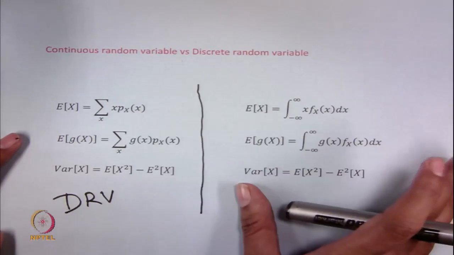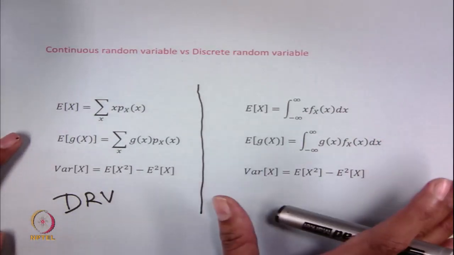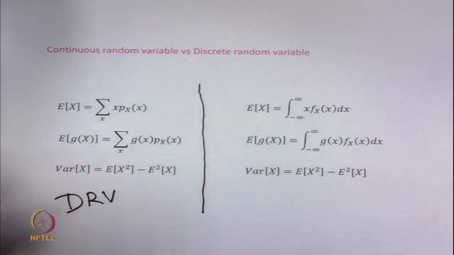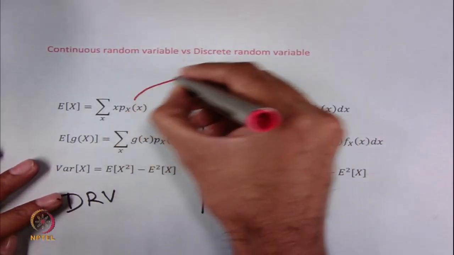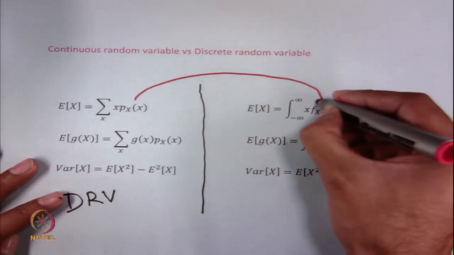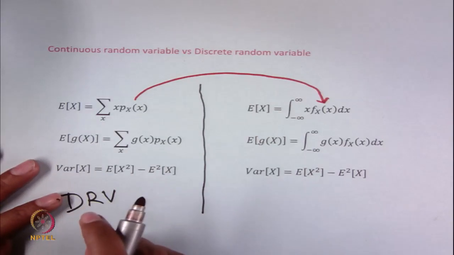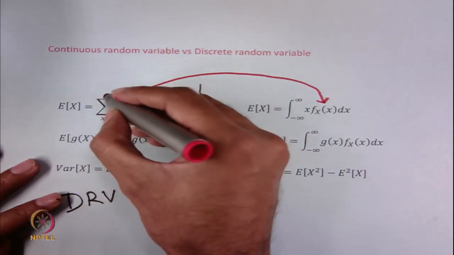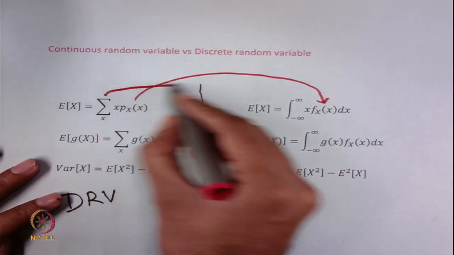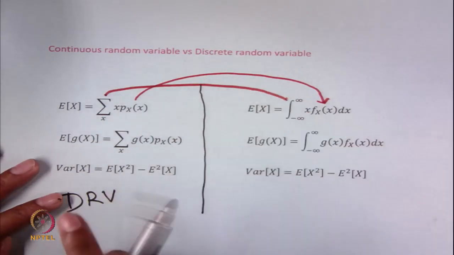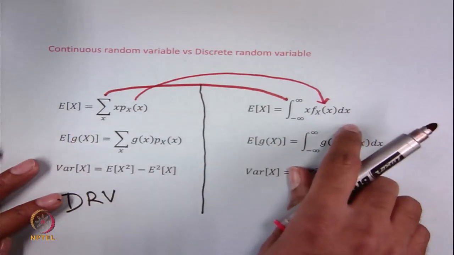In the continuous case, it is exactly similar. What changes is that the probability mass function changes to the probability density function, and the summation is replaced by integration. Okay. So, it is exactly the same with these changes.